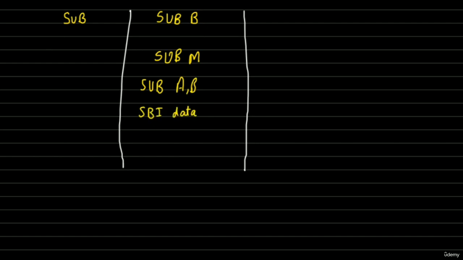I hope the first three are already known to you, because SUB B means subtract register B from A, which is our accumulator.